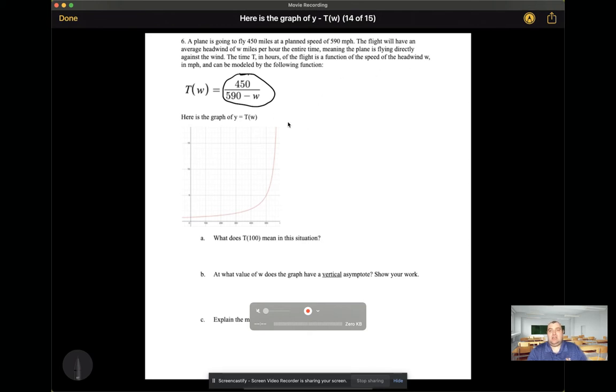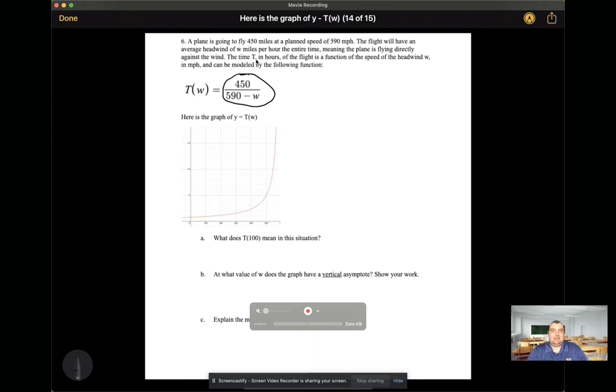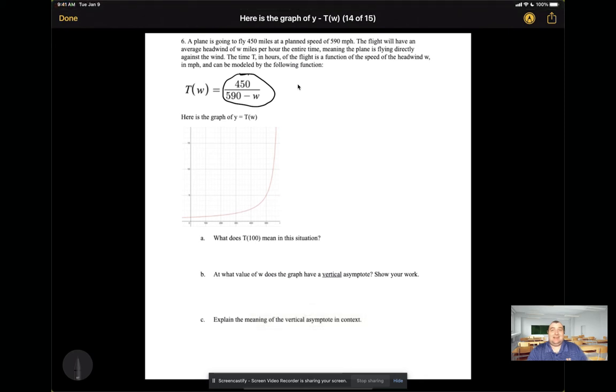So plugging in 100 for W means that the headwind is 100 miles per hour. T in this case stands for time. So T of 100 is going to tell me the amount of time the flight takes with a headwind of 100 miles per hour.